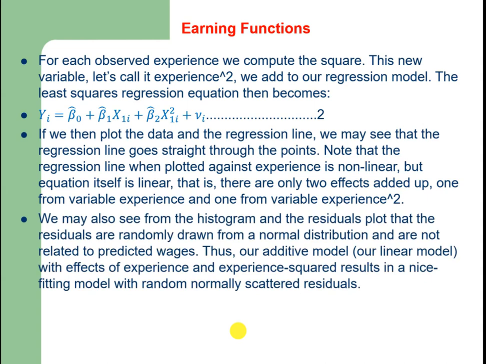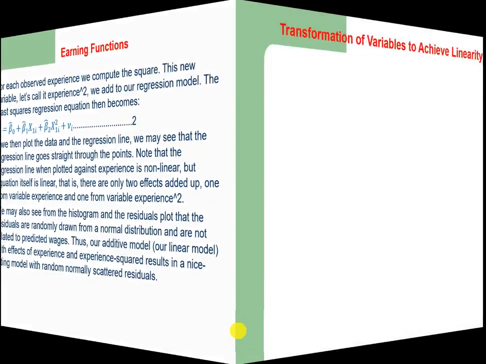We may also see from the histogram and the residuals plot that the residuals are randomly drawn from a normal distribution and are not related to predicted wages. Thus, our additive model with effects of experience and experience squared leads to a nicely fitting model with randomly, normally scattered residuals.